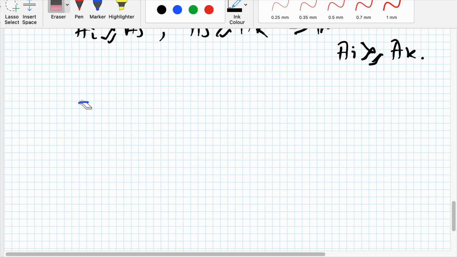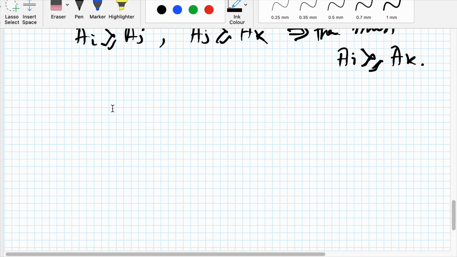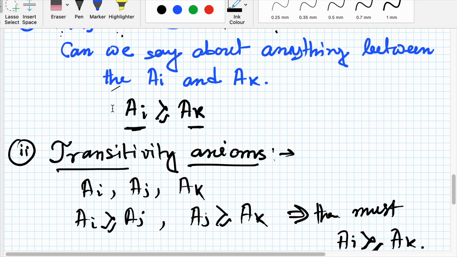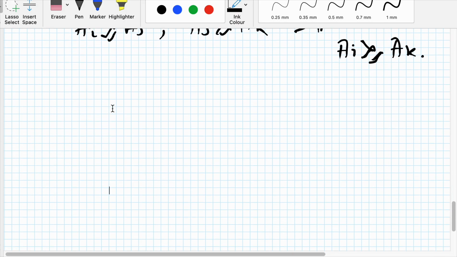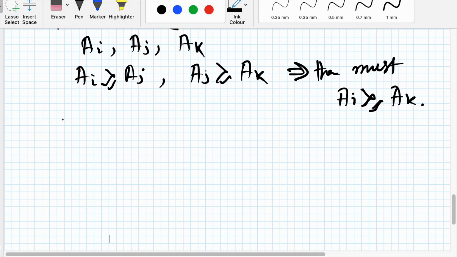So with this transitivity and completeness axiom, if somebody's preference complies with these two axioms, then we can surely say that the individual's preference can be represented by real numbers by associating real numbers with these options.